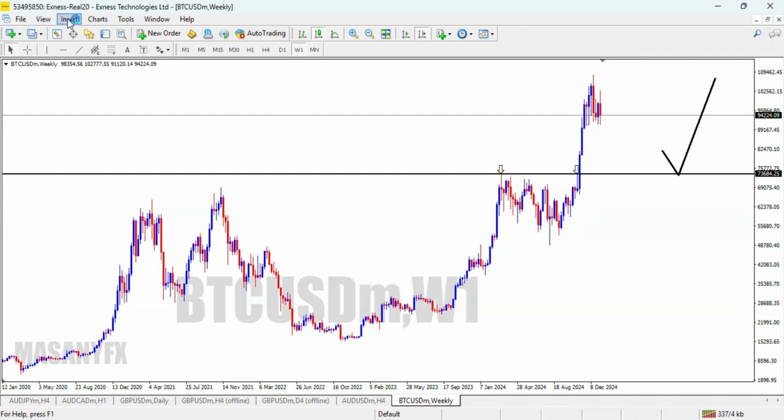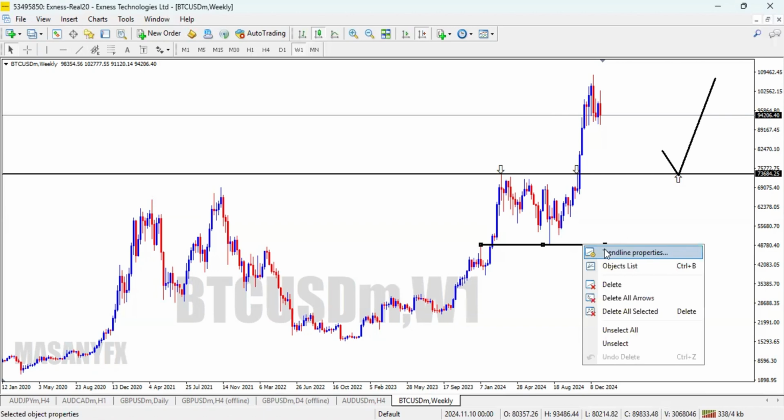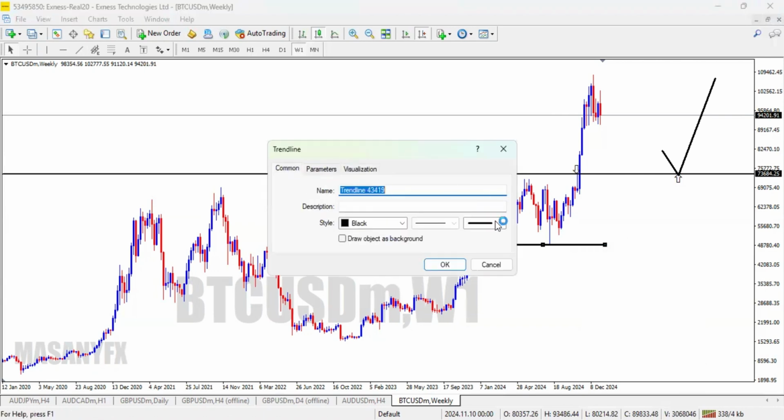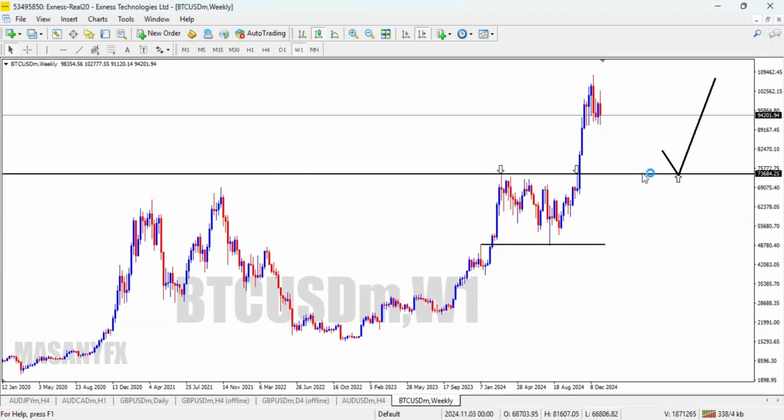It will go up after touching this, because it did the same here. It did the same, it will do the same.